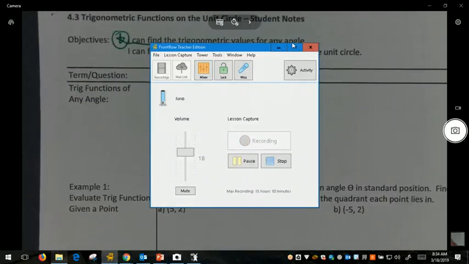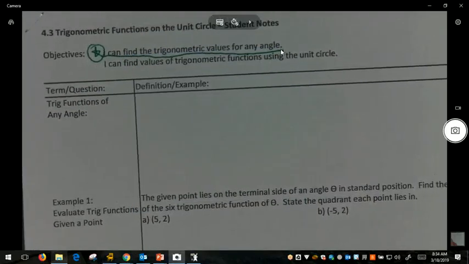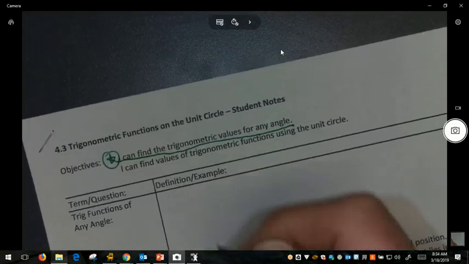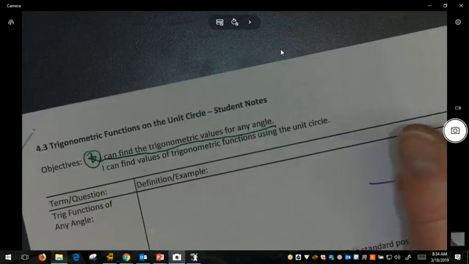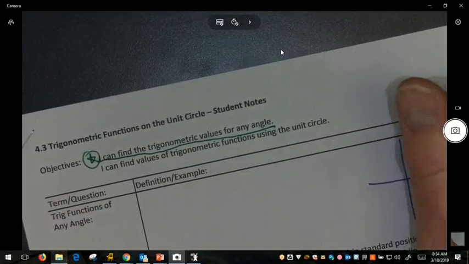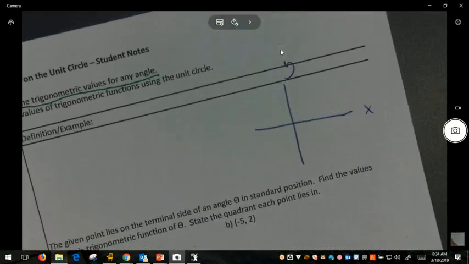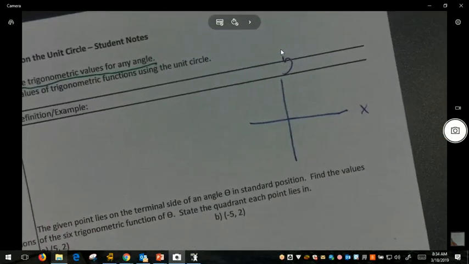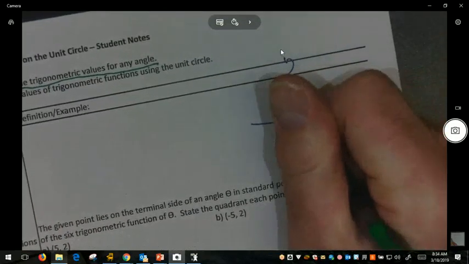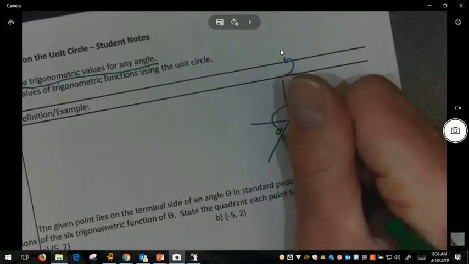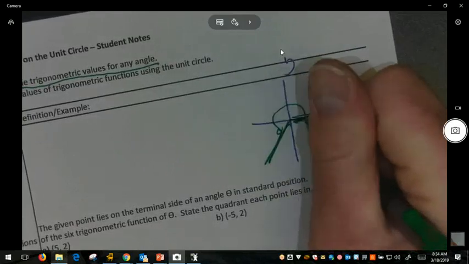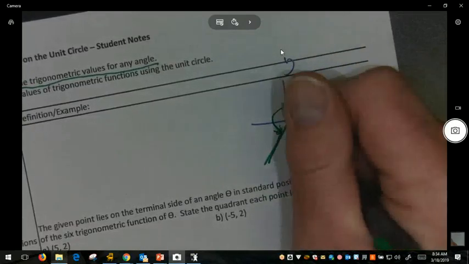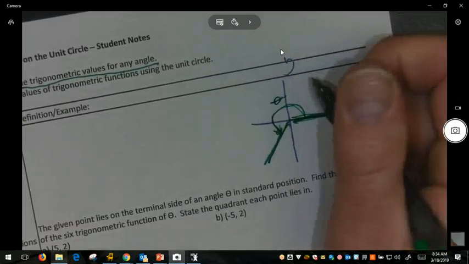When we are looking at points in space in the coordinate plane, two-dimensional space, we can create a circle in that plane. We have our x-axis, we have our y-axis. And we could create any angle going into any quadrant. So as long as I have an initial ray and a terminal ray, we create any angle going to any quadrant.